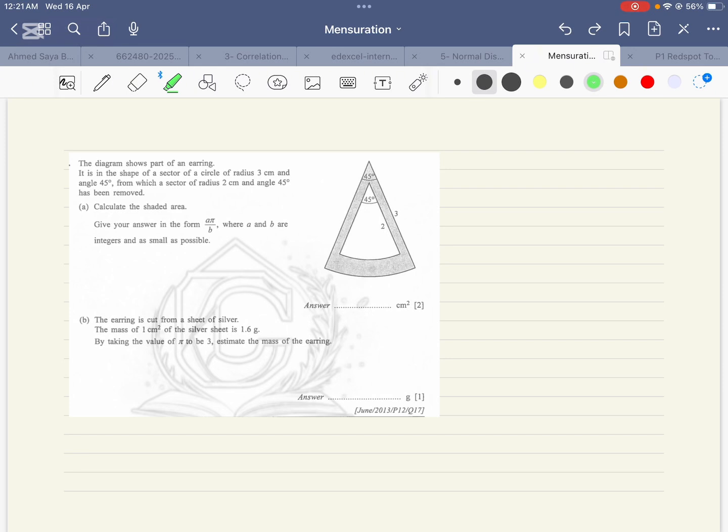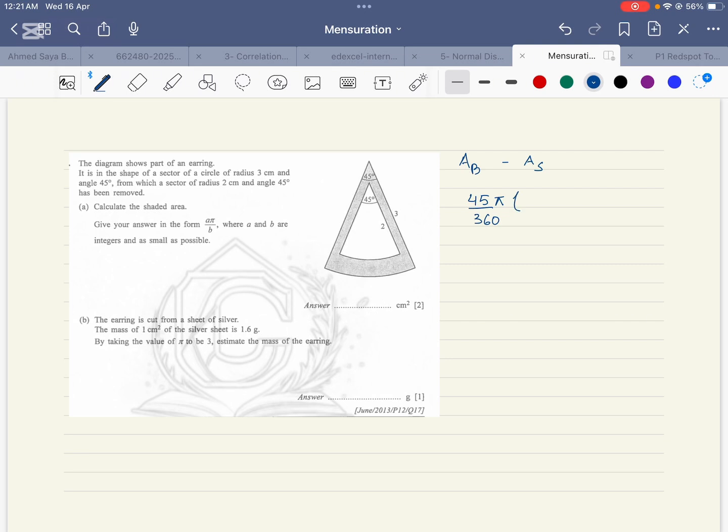The area of the shaded region is the area of the big sector, bigger sector meaning the sector with bigger radius, minus the area of the smaller sector. We have 45 upon 360. This is common, so only the radius is different. Let's take pi also common.